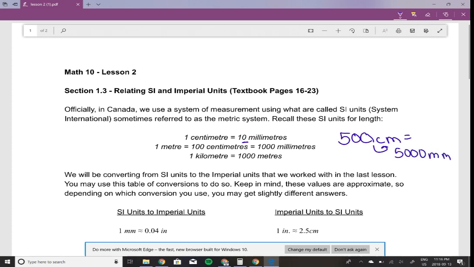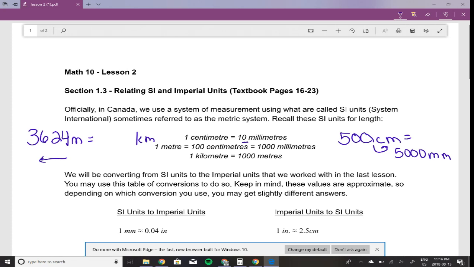Let's say I have 3,624 meters, and I want to convert it to kilometers. I'm going from small to big, so my decimal is going to move to the left.